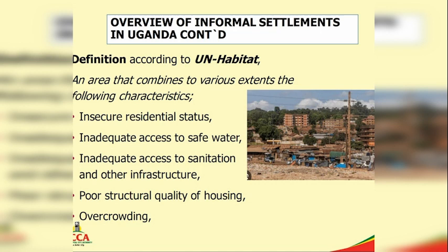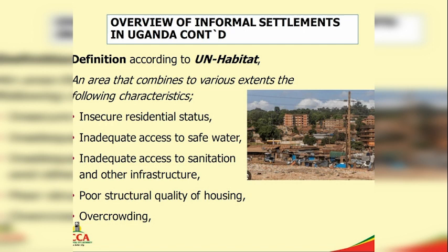According to UN Habitat, an informal settlement or a slum is an area that combines, to various extents, the following characteristics: insecure residential status, inadequate access to safe water, inadequate access to sanitation and other infrastructure, poor structural quality of housing, overcrowding.